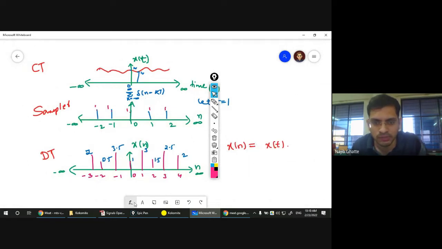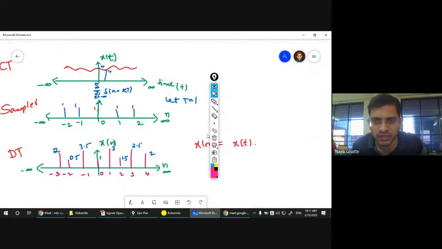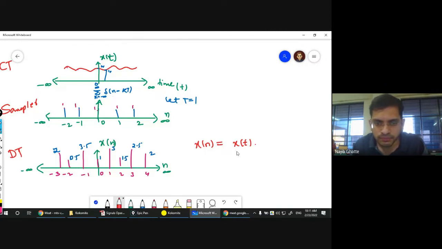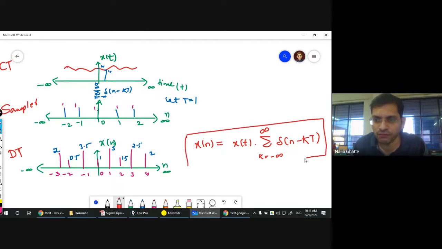Can you help me, sir? What am I supposed to write? It is x of k is equal to x of t multiplied by the summation running from k equal to minus infinity to plus infinity of delta n minus kt. Okay, sir? Understood? This is the formula which I have in front of you.